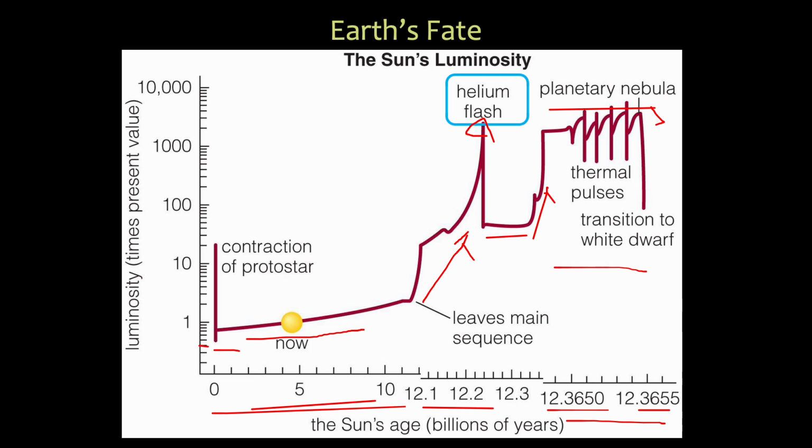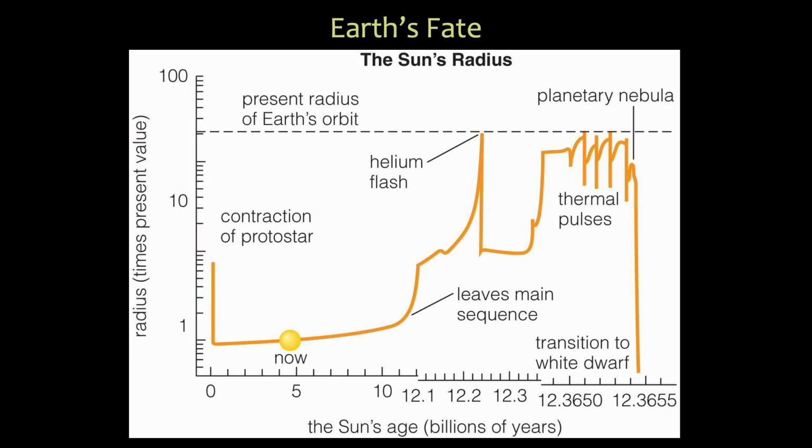So we magnify and amplify the last 1% of the stage just to show you. But this is really a short stage right here, okay? And of course, finally, after this point, the sun will reach the planetary nebula stage and white dwarf stage.